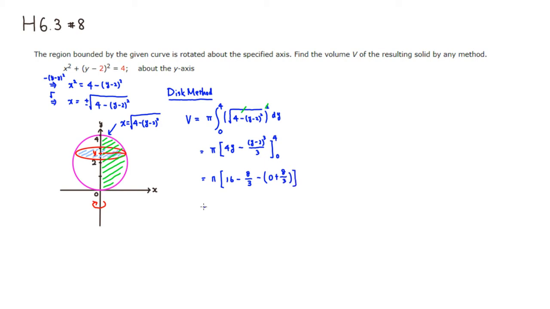So this is pi times 16 minus, there are 2 of these, so it's 16 over 3.